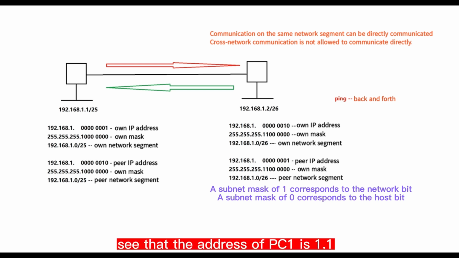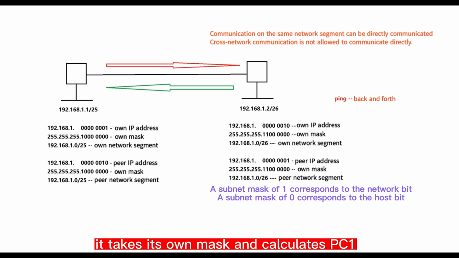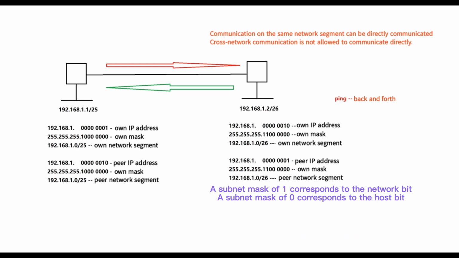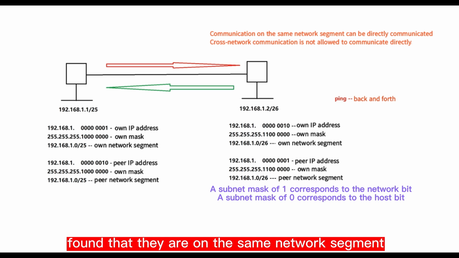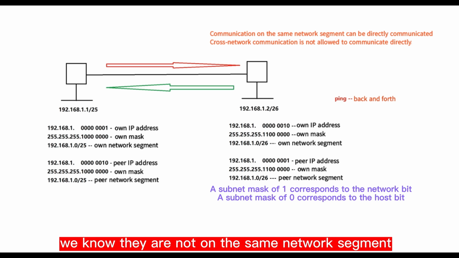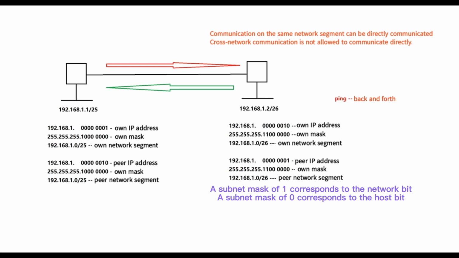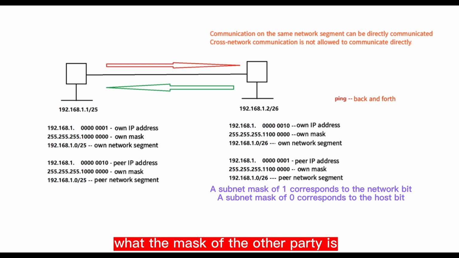Now PC2 receives the data packet sent. It sees that the address of PC1 is 1.1. It takes its own mask and calculates PC1, and finds that they are on the same network segment. PC2 communicates with PC1. In this process, while host A and host B for us, we know they are not on the same network segment, the device itself does not know what the mask of the other party is.